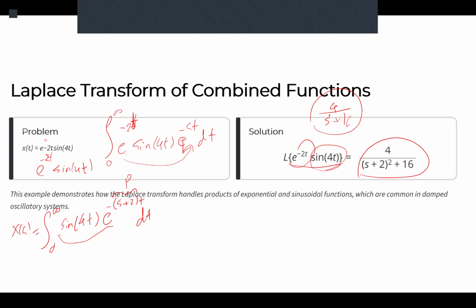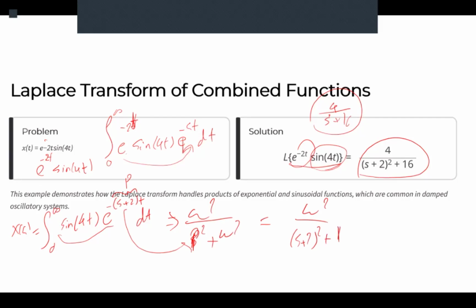Now, we know the Laplace of sine is going to be omega over p squared plus omega squared. Correct? Now, we simply replace the p with what we had before based on s, and it becomes omega over (s plus 2) squared plus omega squared.